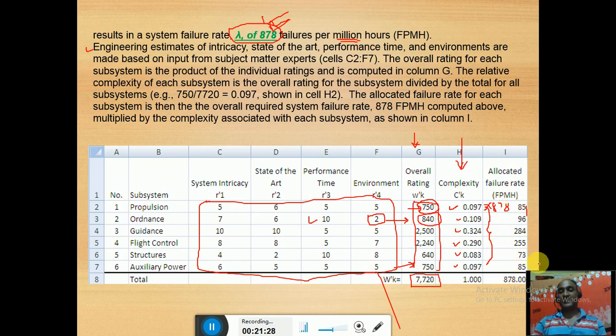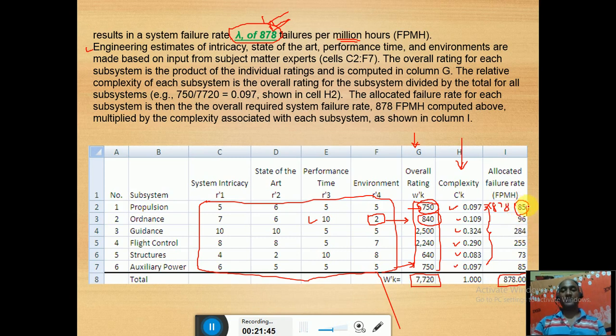Obviously this addition must be equal to 878 because the earlier addition was 1. It means that we have allocated the failure rate to each individual component.